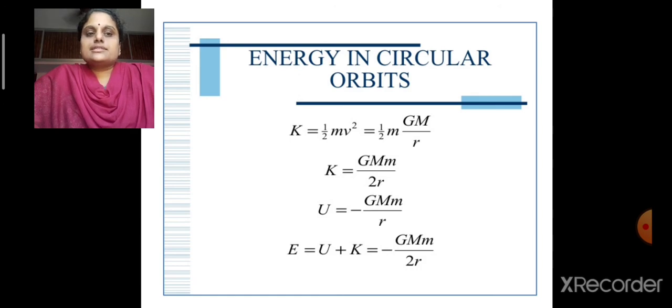We had already discussed that the potential energy U equals minus GMm divided by R. The total energy E becomes kinetic energy plus potential energy, which is U plus K, which equals minus GMm divided by 2R.